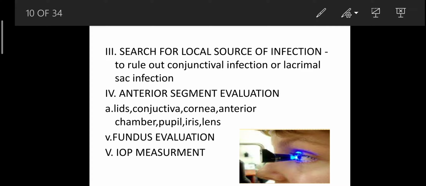And the next is fundus evaluation. Fundus evaluation is important to assess the prognosis post surgery. So if the patient is diabetic, we need to look for any diabetic retinopathy changes or any hypertensive changes as such.